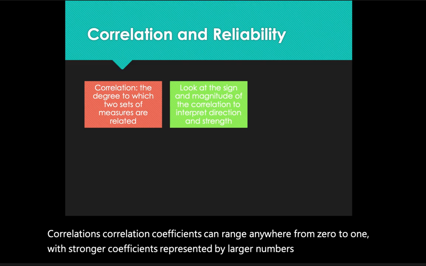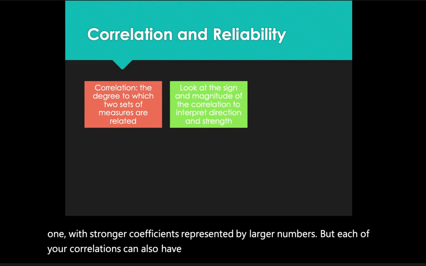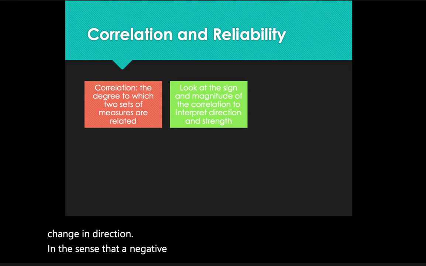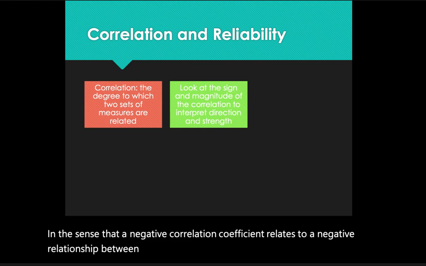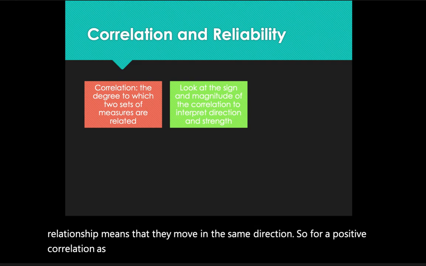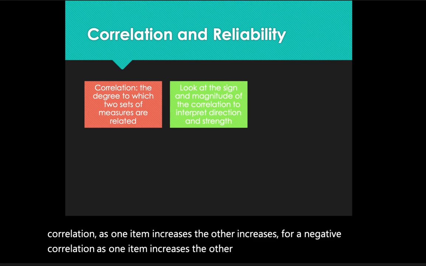But each of your correlations can also have a positive or negative valence, so they can change in direction, in the sense that a negative correlation coefficient relates to a negative relationship between two items or two measurements, and a positive relationship means that they move in the same direction. So for a positive correlation, as one item increases, the other increases. For a negative correlation, as one item increases, the other decreases.